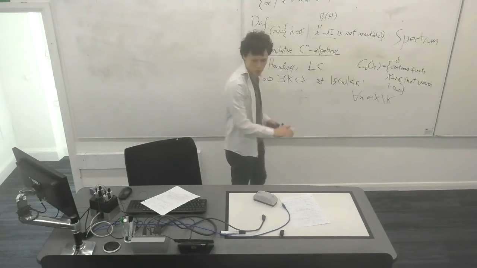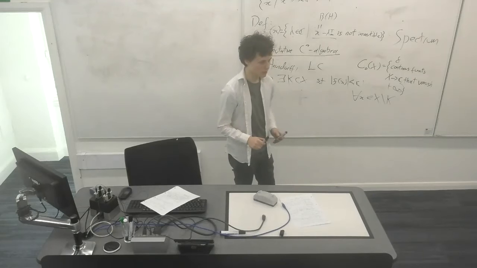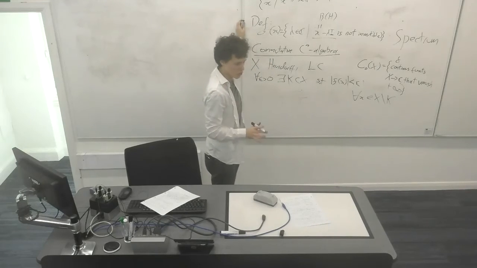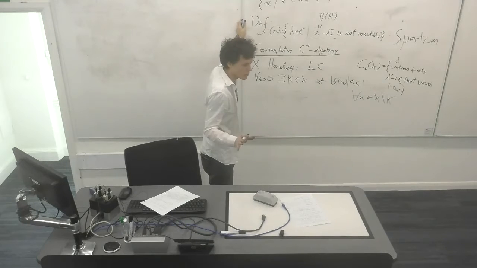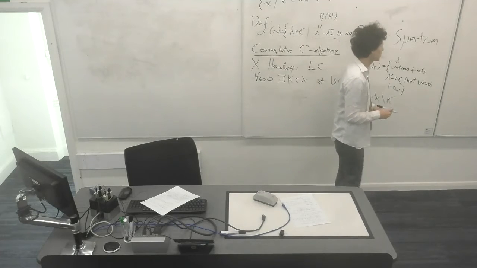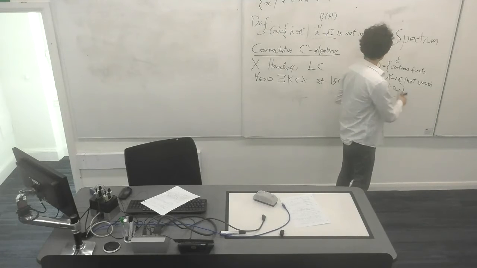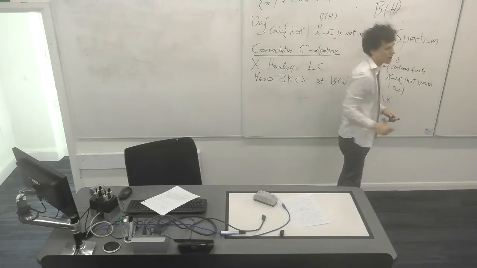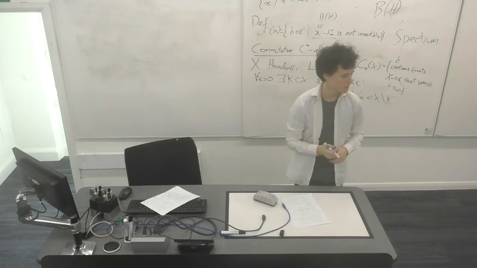Our aim, and I hope I get this to the end, is to show why an arbitrary C* algebra is going to be equivalent to a subset of linear bounded operators.